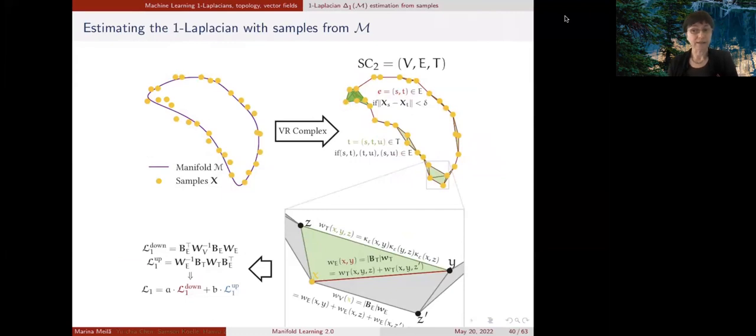We also construct triangles. So when three edges form a triangle, we include this in our list of triangles in the data. And this construction of vertices, edges, and triangles is a simplicial complex of dimension 2, and it's known more or less rigorously as the Vietoris-Rips complex. In practice, most people, when they implement, use what's called the clique complex of this graph.